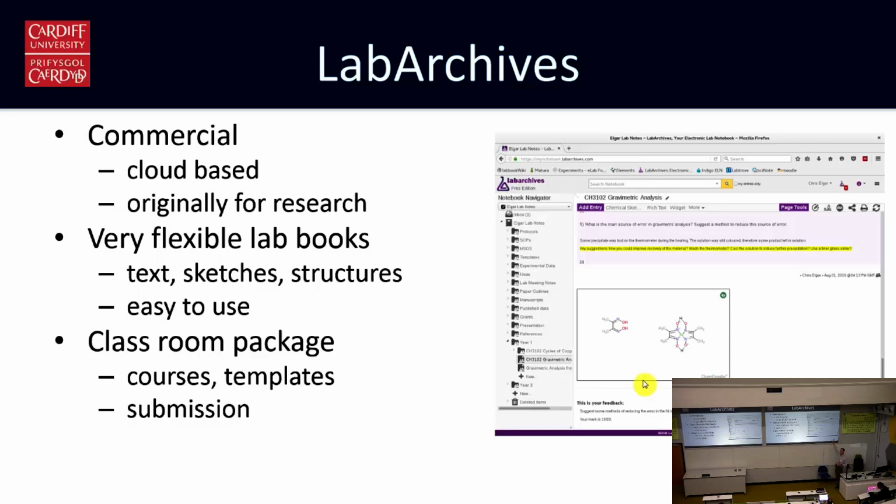So the actual lab book itself is very flexible. There are tools built into it for editing text. There's a chemical structure drawing tool built in. There's a general sketching tool. You can accommodate spreadsheets. You can even link it up to your Office 365 for editing online.